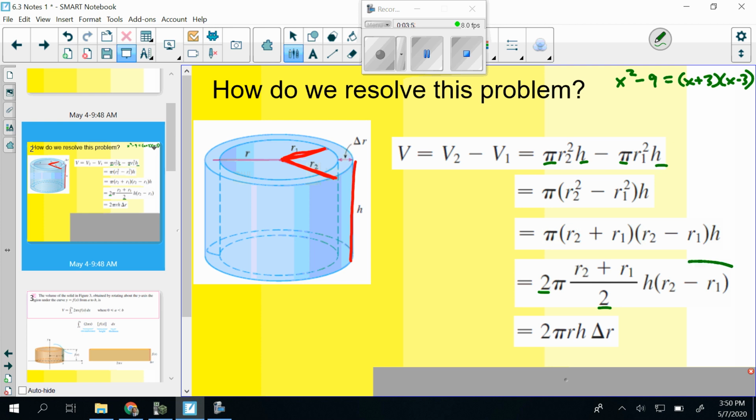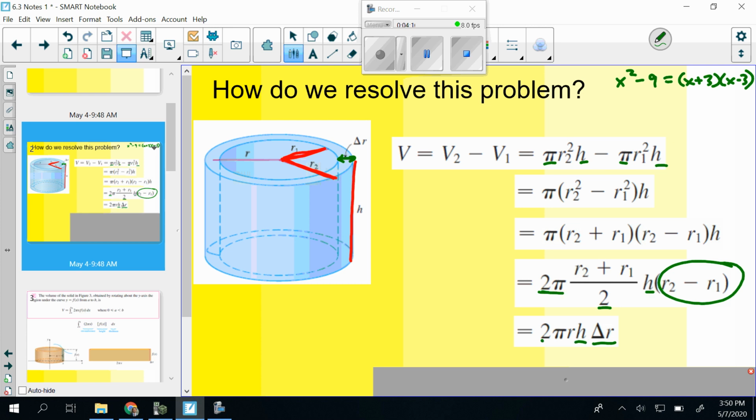This r2 minus r1 is represented by this change in r. That would be this distance right here. If we subtract the two radii, the outer one and the inner one, that gives us that length right there. We're going to call that change in r. Our height is still our height.